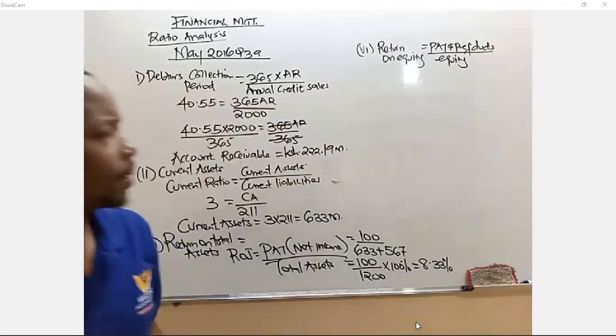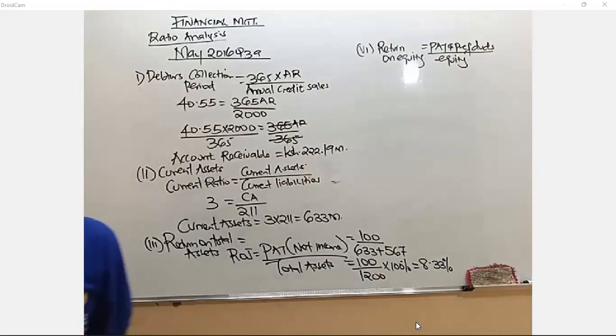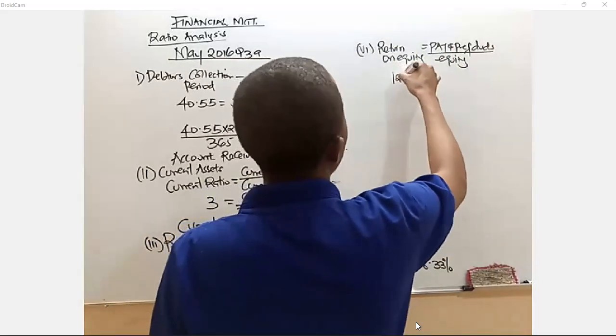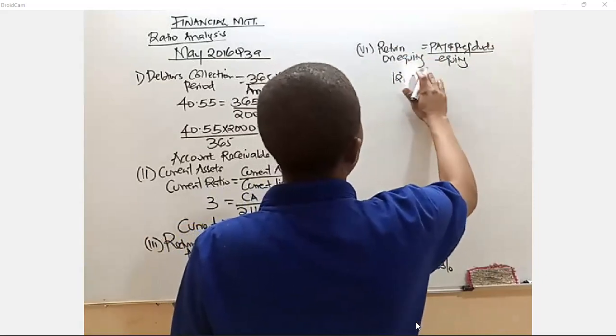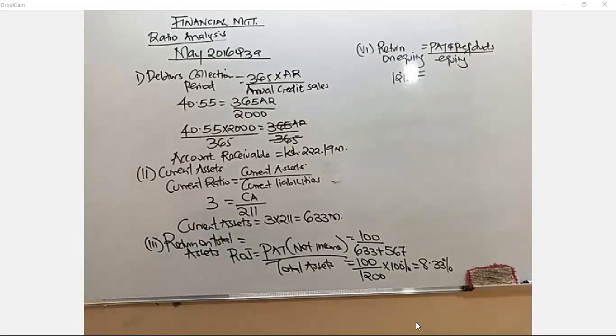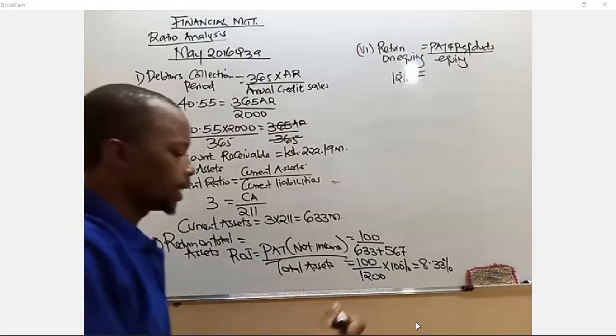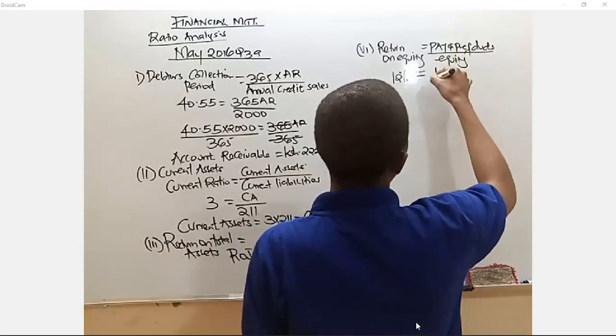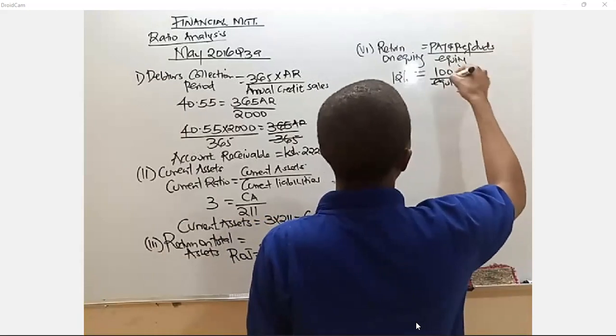The examiner must already have given you the return on equity. I can see it is 12%, which is equal to the profit after tax and preference dividends. How much do we have there? The profit after tax that we have is 100. We cannot compute anything beyond that. Then you divide by your equity.